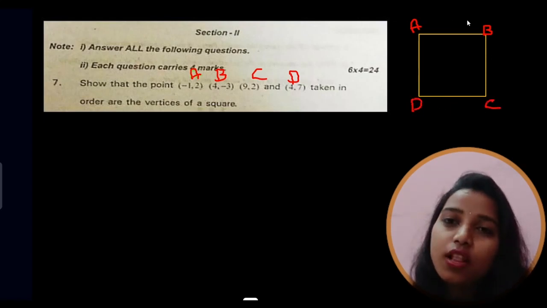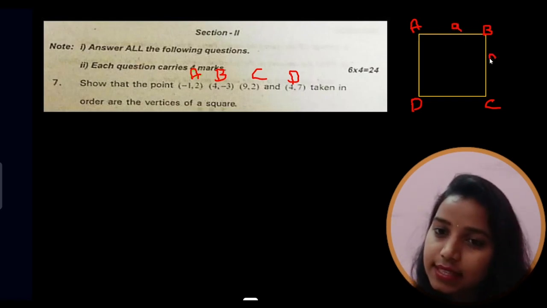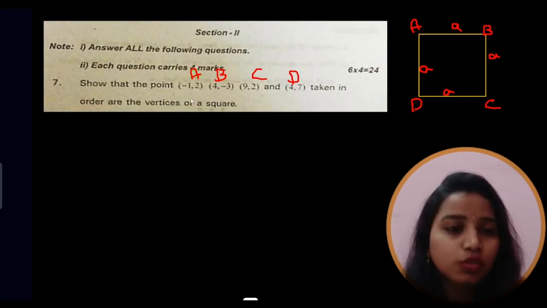How do we check whether these are the points of a square? All the sides are equal, so the distance between all the points is equal. To prove it, we simply need to check the distance between all the points.